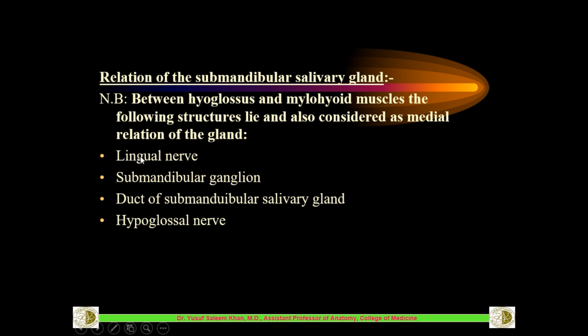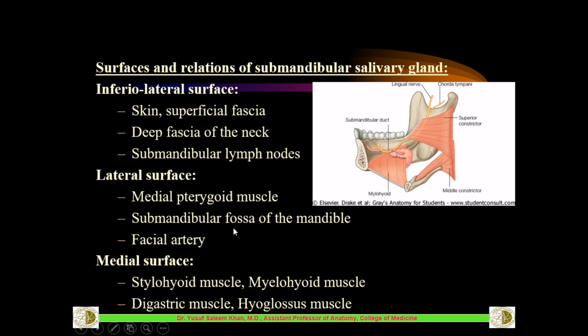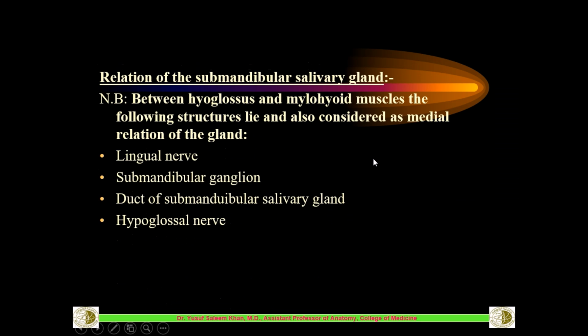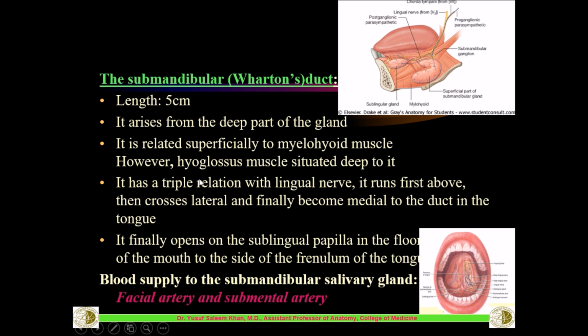One is the lingual nerve, the submandibular ganglion, the duct of the submandibular salivary gland, as well as the hypoglossal nerve. The duct itself also acts as a medial relation. This is the submandibular duct, which opens into the floor of the oral cavity beside the lingula.